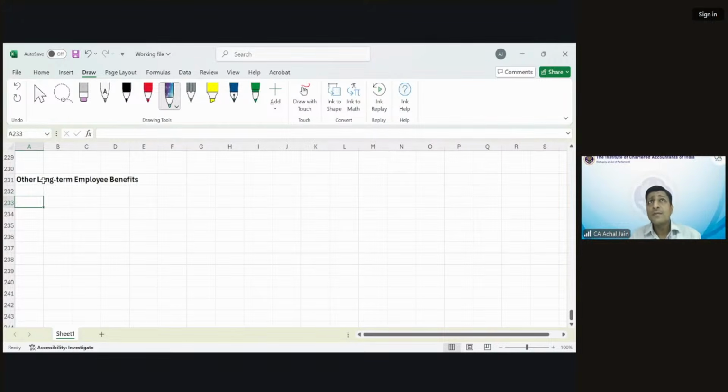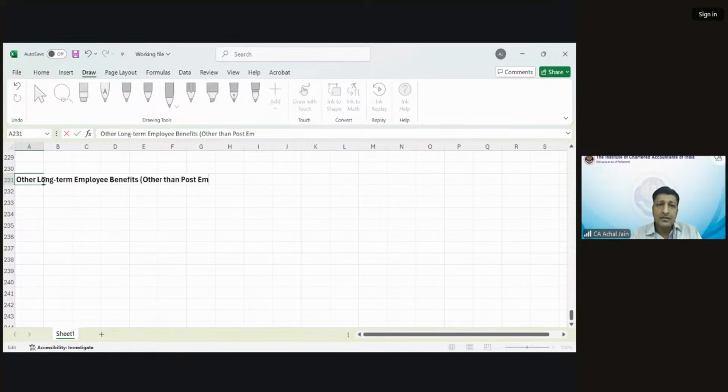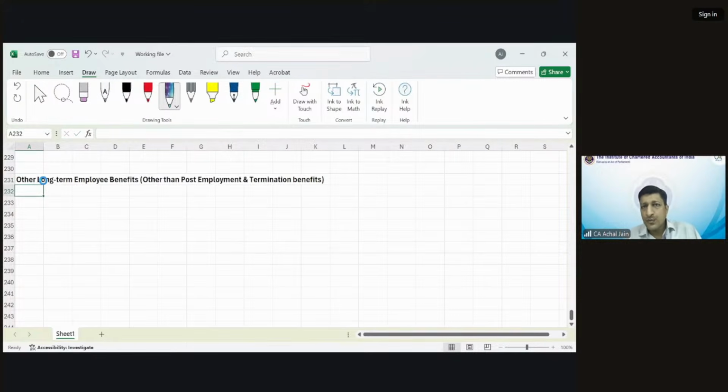Other means it has to be other than post employment and termination benefits, excluding these two. Now let's try to understand the meaning of long-term employee benefits. So when would an employee benefit become long-term?